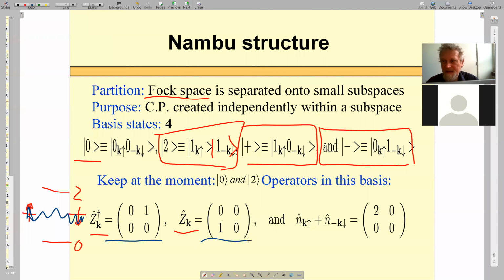Okay, does everybody understand this logic? So it's creation, it switches between 0 and 2, or if it's annihilation, it goes from 2 to 0. Fine. Another operator which I need is the operator of the number of particles, and this is diagonal in the number box representation: 2 for the state 2, 0 for the state 0. Fine. With this, we can do all calculations, and the problem is just to sum up over number boxes.